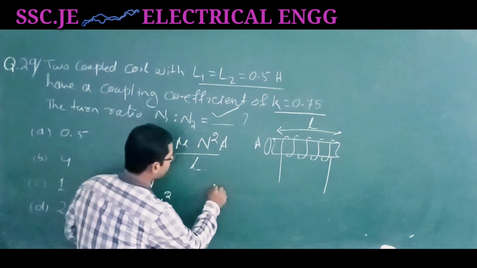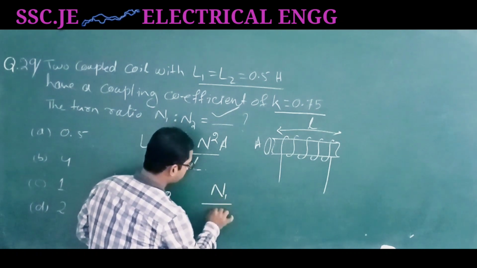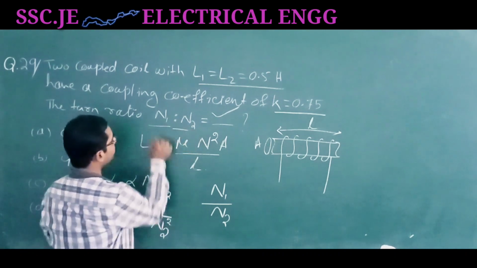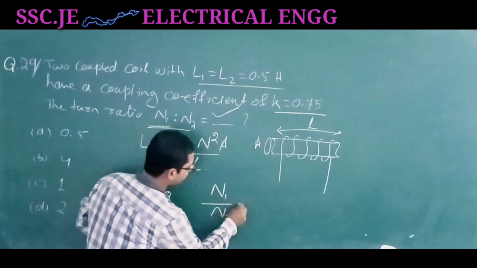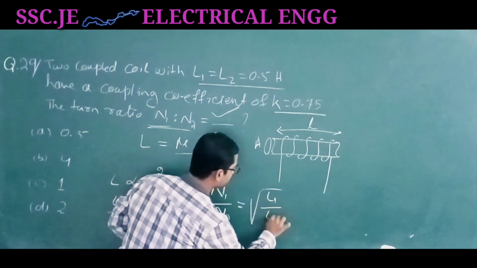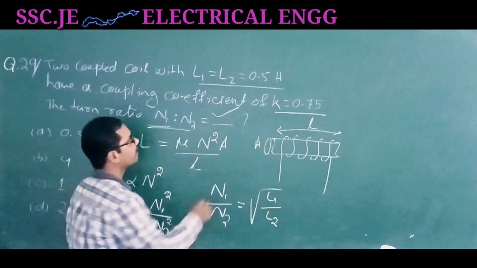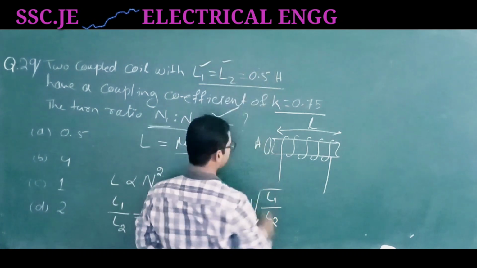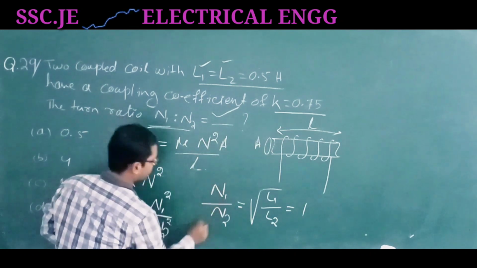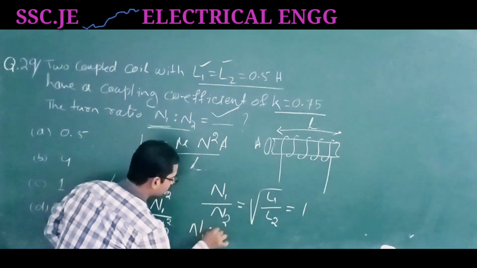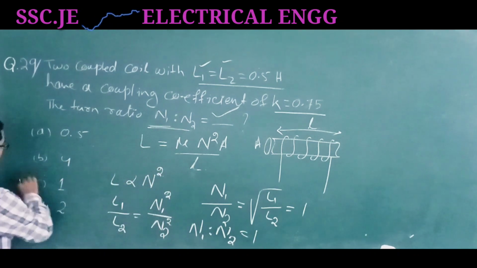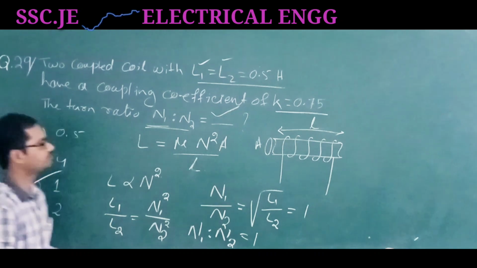The question asks for the ratio of N1 to N2, so N1 by N2 is equal to the root of L1 by L2. The values of L1 and L2 are the same, so this is 1, and the ratio of N1 to N2 will be 1. So from these 4 options, option C is the correct answer.